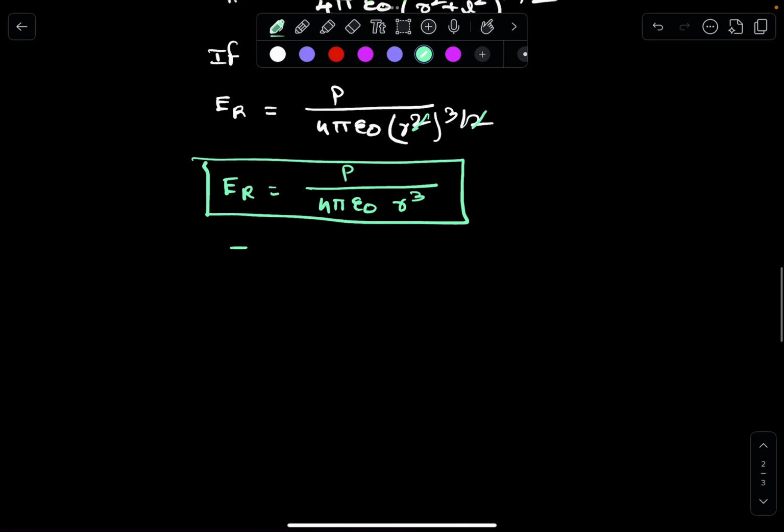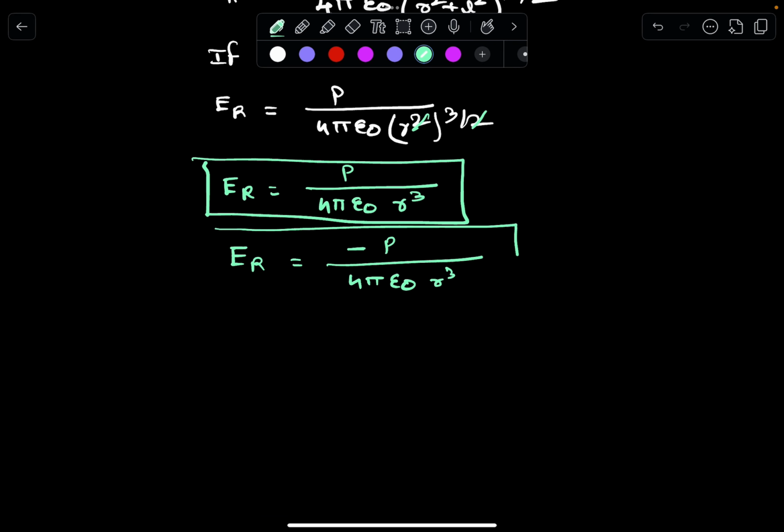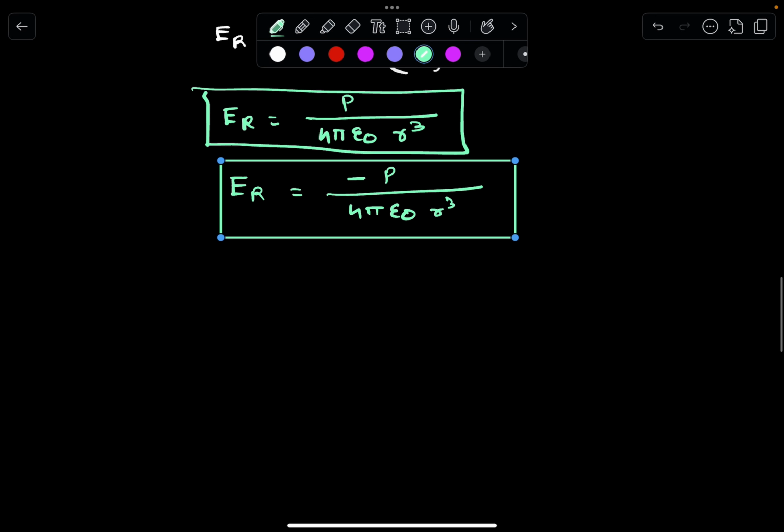Therefore, we can write the resultant electric field as minus P by 4 pi epsilon naught into r cube. By seeing this expression clearly we can understand resultant electric field is inversely proportional to r cube.